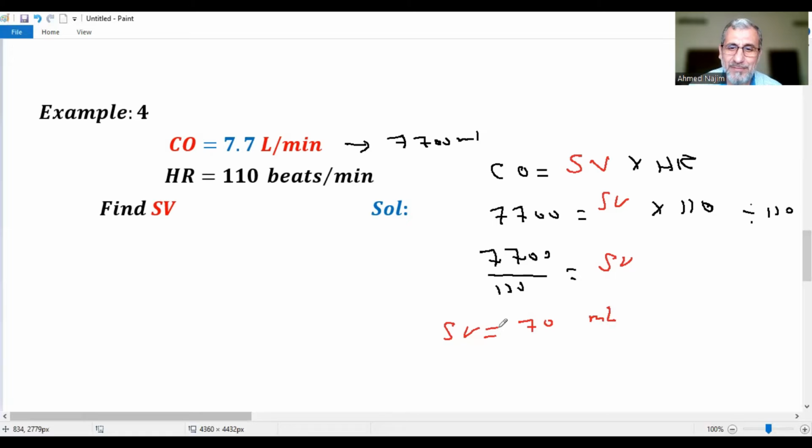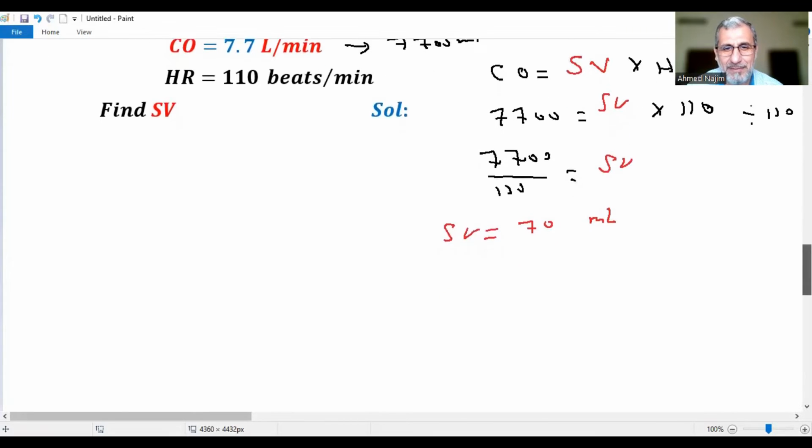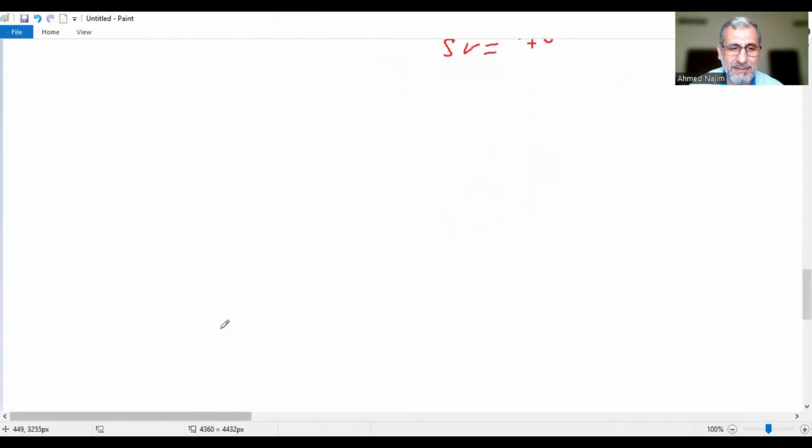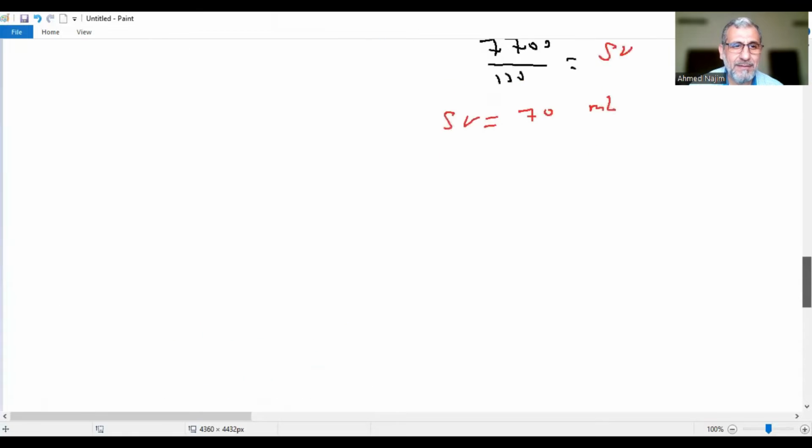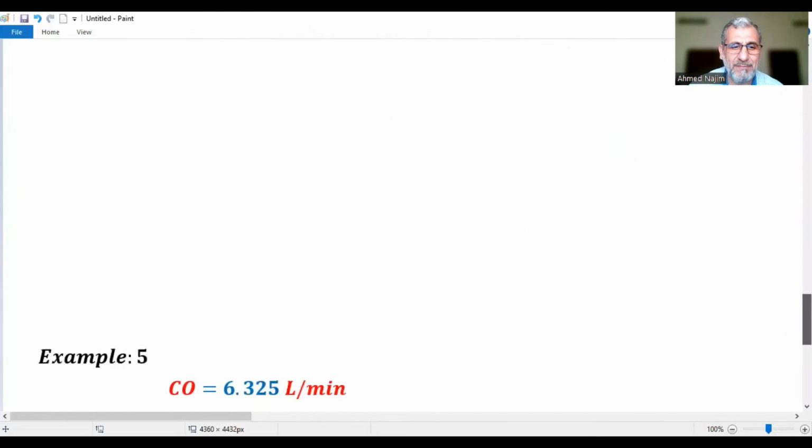So the stroke volume in this case is 70. With stroke volume 70 and heart rate 110, the cardiac output is 7,700 ml per minute.